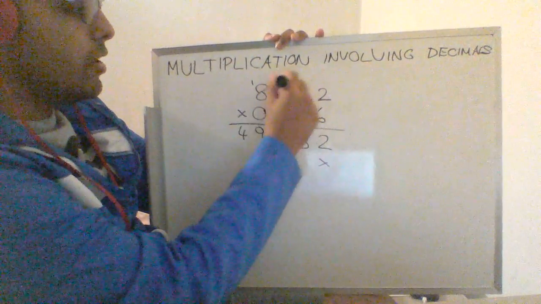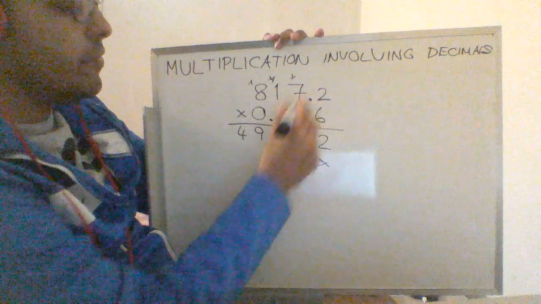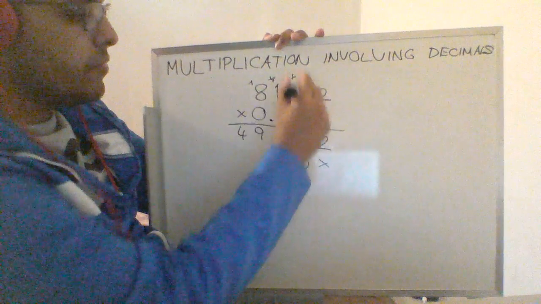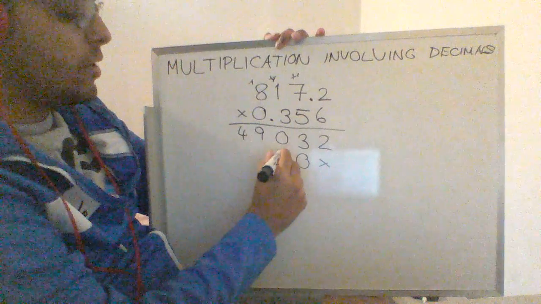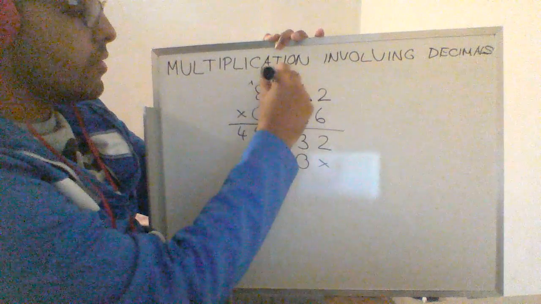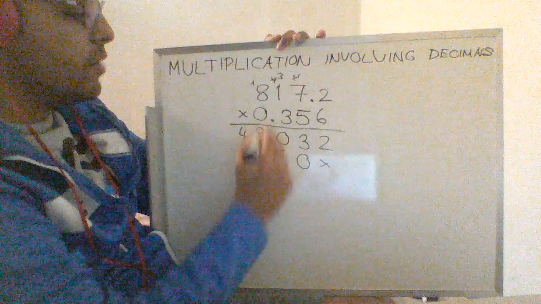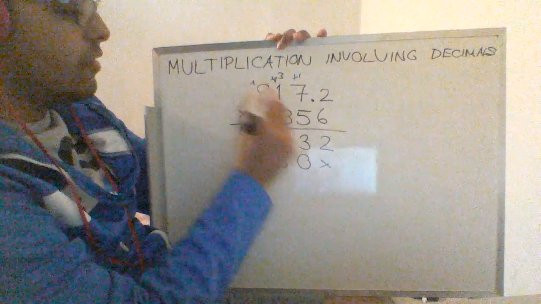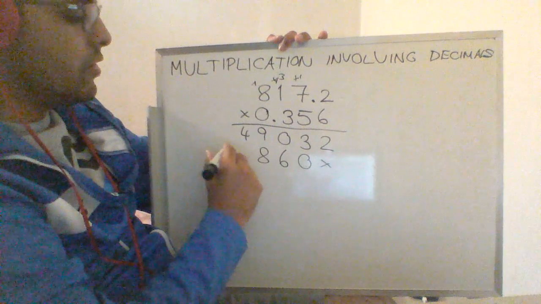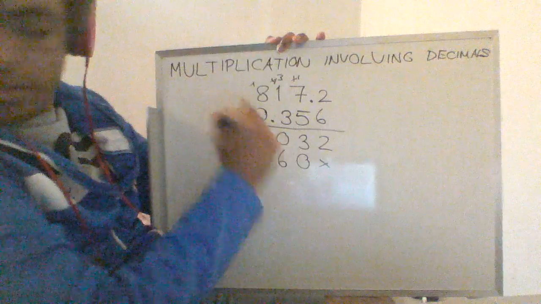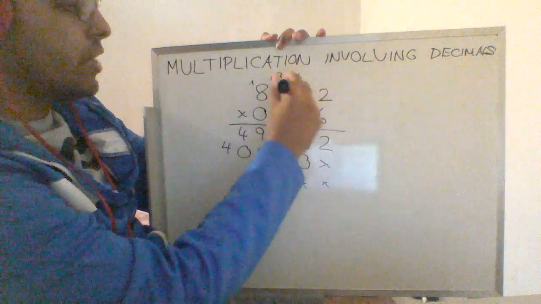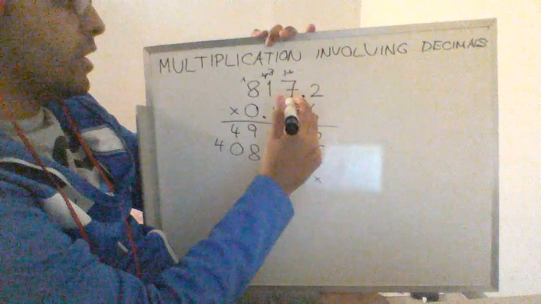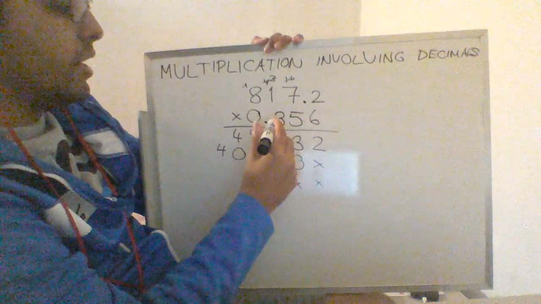Put our placeholder, and we can get rid of those numbers that we carried. 5 times 2 is 10, 5 times 7 is 35, plus 1 is 36, 5 times 1 is 5, plus 3 is 8, and 5 times 8 is 40, so that goes there. Then we put our next two placeholders, cross out the stuff that we carried, and we do the same thing now with this 3.